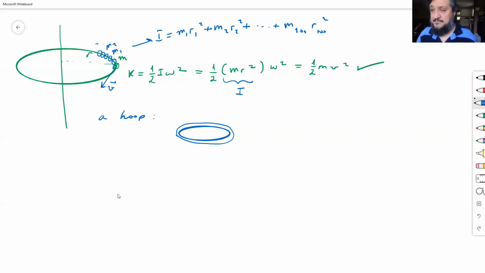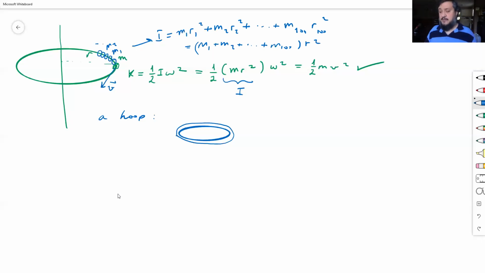What happens then? Now R1, R2, R100, these are all equal to R. So even for the bead example, you end up with M1 plus M2 up to M100 times the common R squared.